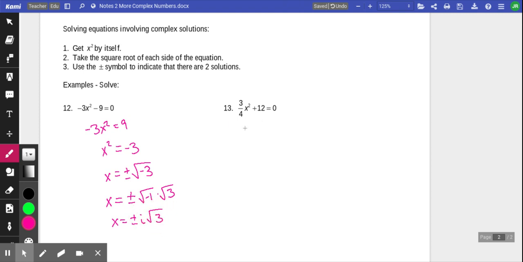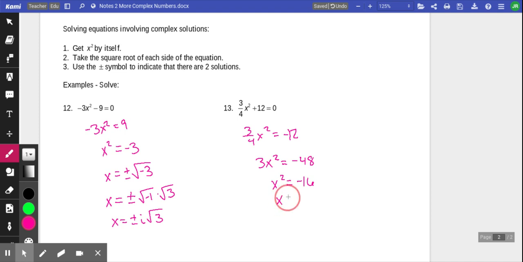So over here, we'll have 3/4 x squared is equal to negative 12. Then divide both sides by 3/4, or multiply both sides by 4/3, or split it apart and take 3x squared multiplied by 4 first to give us negative 48. And then divide both sides by 3, we get x squared equals negative 16.